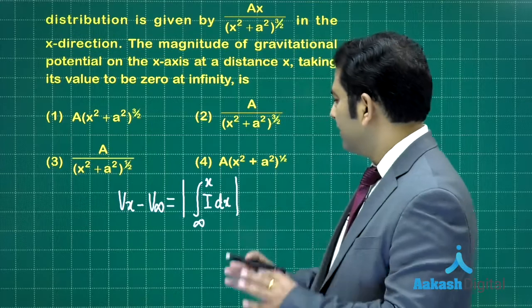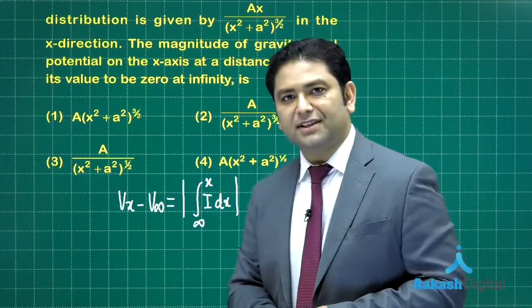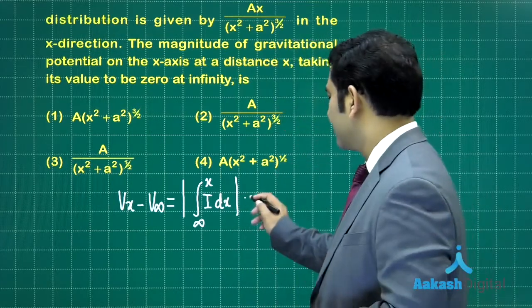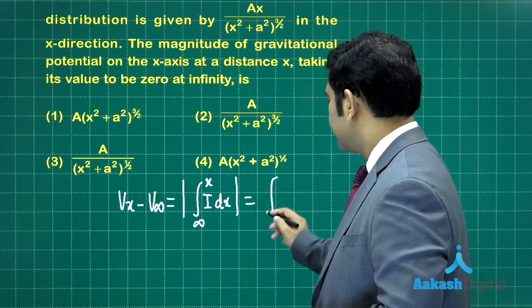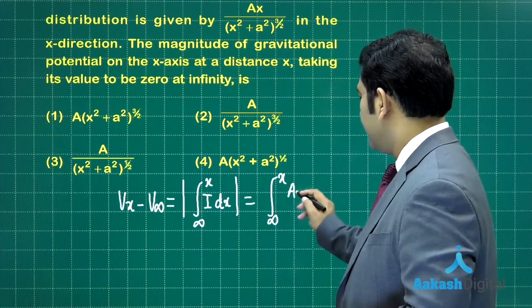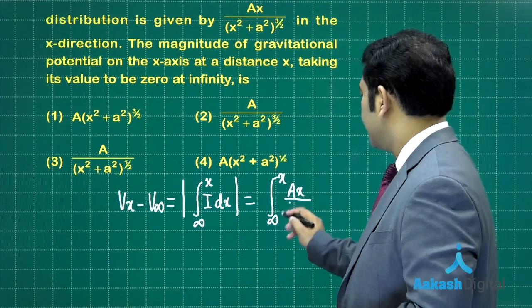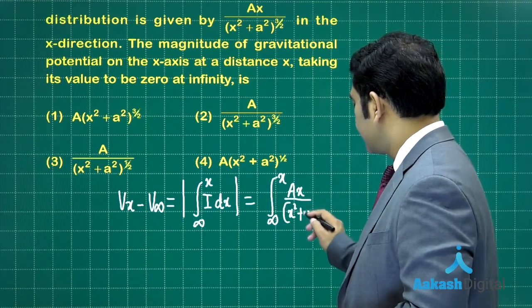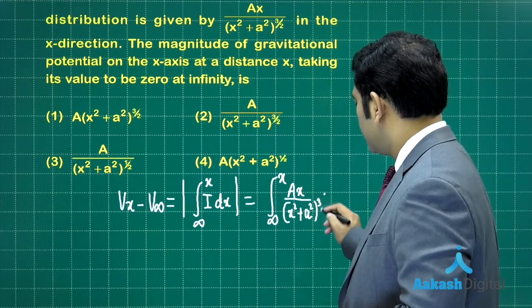There's no difficulty because this integration must not be a new thing to you. It goes: infinity to x, a x divided by (x square plus a square) to the power 3 by 2 dx.